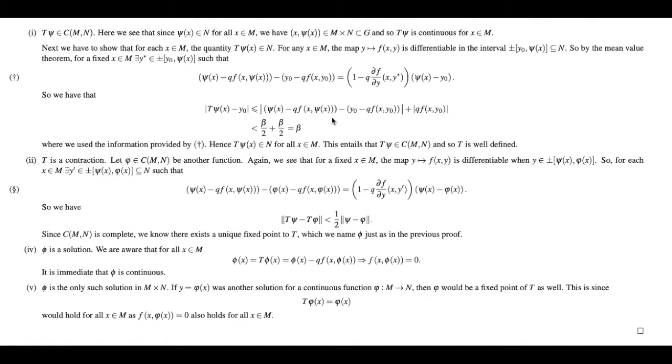And then we also have the minus y naught, and we've added and subtracted this term qf of x comma y naught to be able to use the triangle inequality.